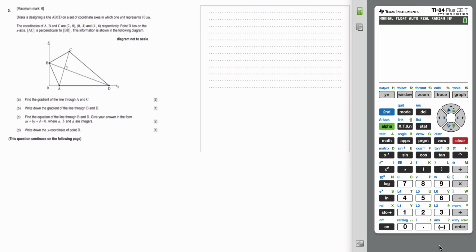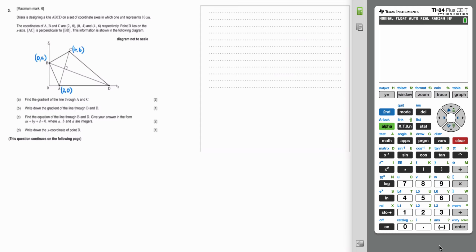So the coordinates of A, if we write this down, I'm actually just going to label all of the coordinates onto my diagram. So we have A is 2, 0, and then B is 0, 4, and C is 4, 6.